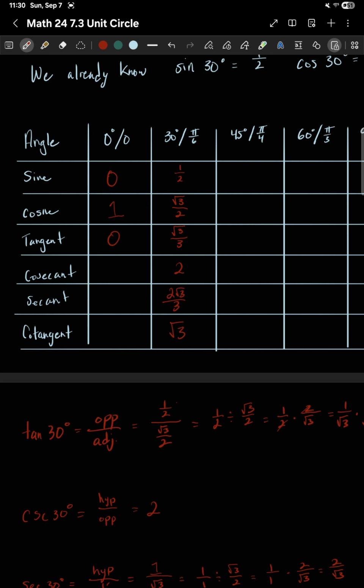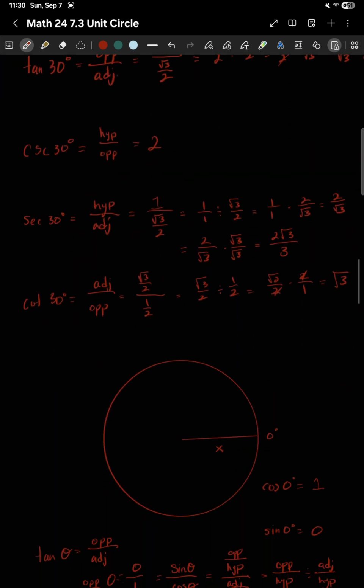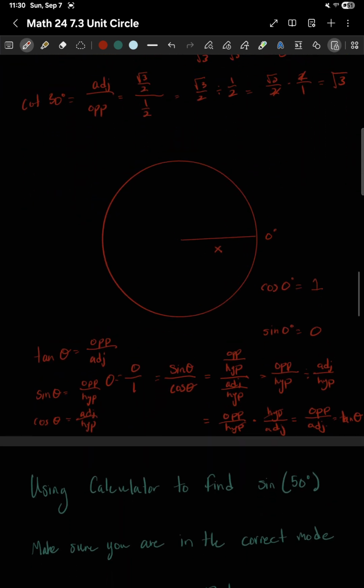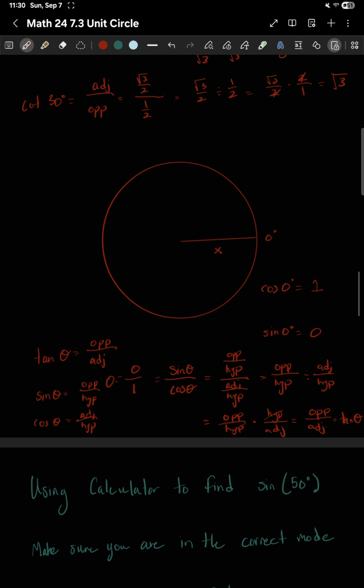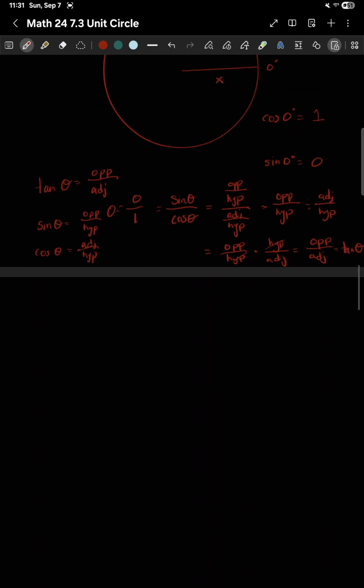Okay. And since we're doing 0 degrees, let me insert a page here. Now we're looking for cosecant of 0 degrees. Well, that is just hypotenuse over opposite.